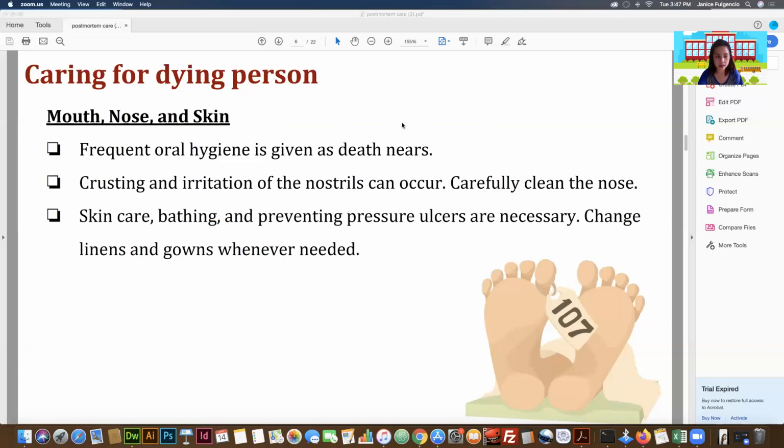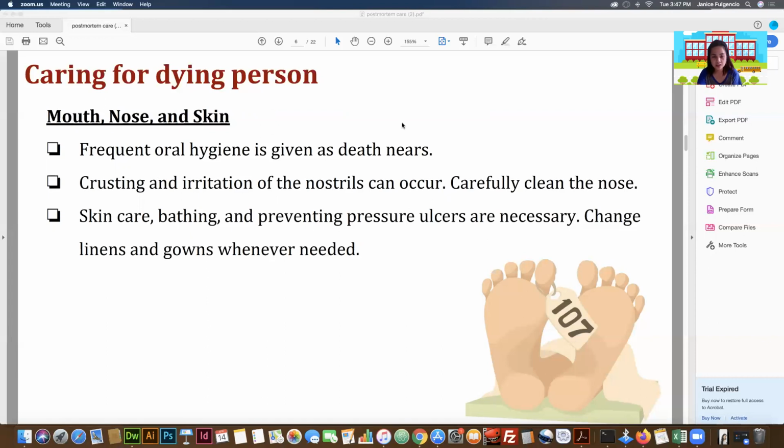Then, caring for the mouth, nose, and skin: frequently do oral care, because most of them do not want to eat or have less appetite, so they have dry skin and a dry oral cavity and need frequent oral hygiene.